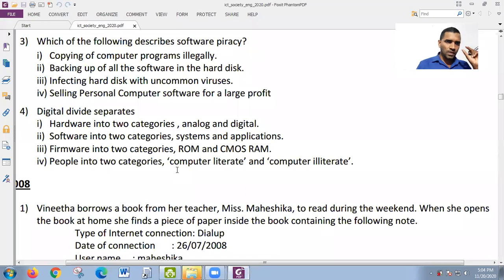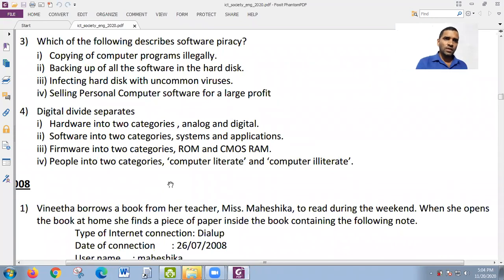So since it is an MCQ, you can take digital divide as the gap between computer literate and computer illiterate. But if you are asked to write a definition for digital divide in an exam, don't write such an answer. You have to give an appropriate view.